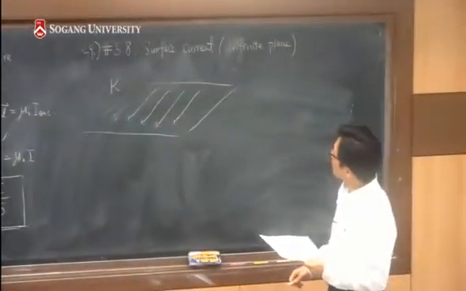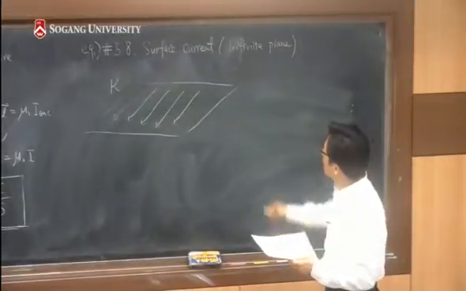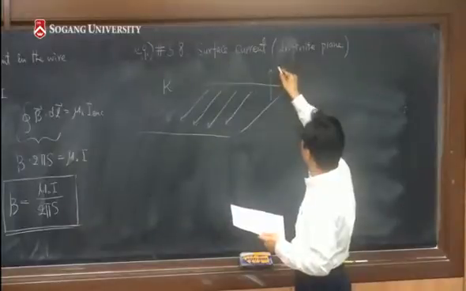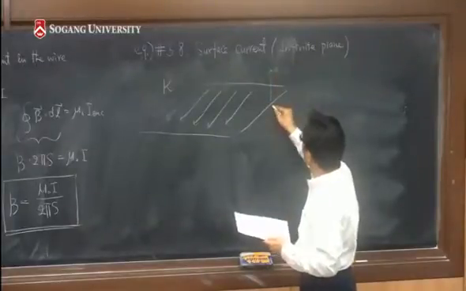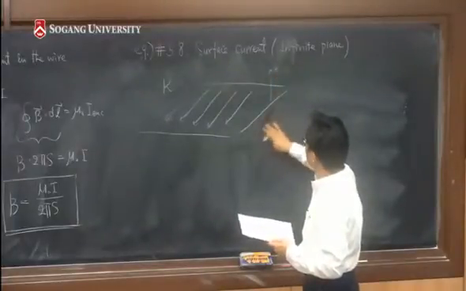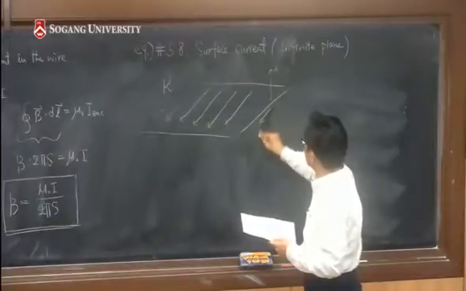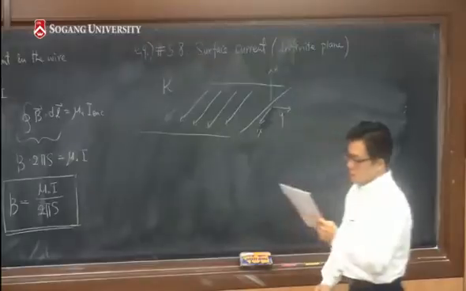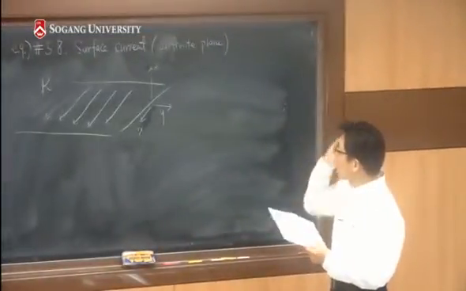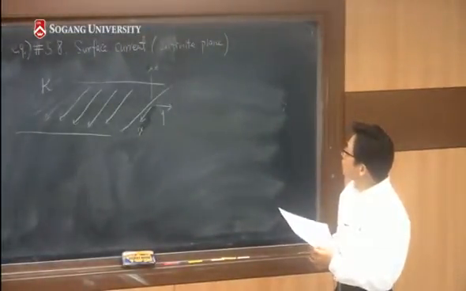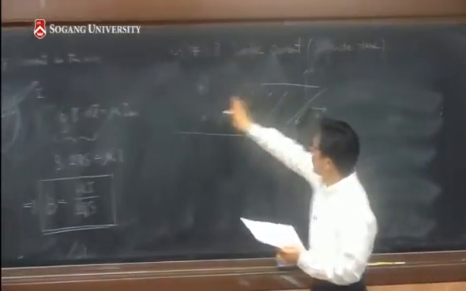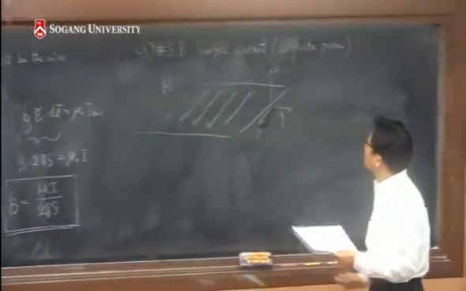Then let's say the coordinate is given in Cartesian coordinates, with Z, and the current is flowing in the X direction, and it's given in the Y direction like this. Okay? And the question is, what is the magnetic field above that infinite plane?